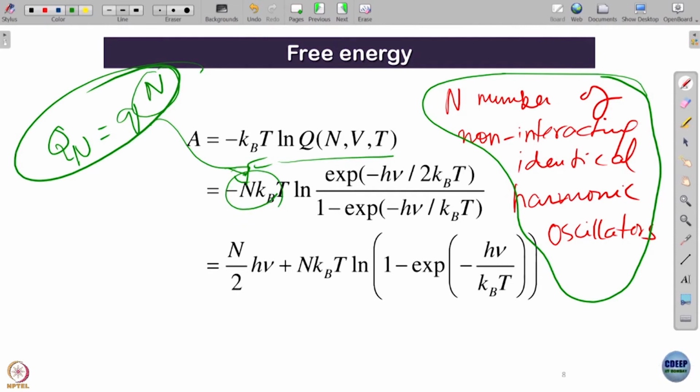So this is just using the previous page.